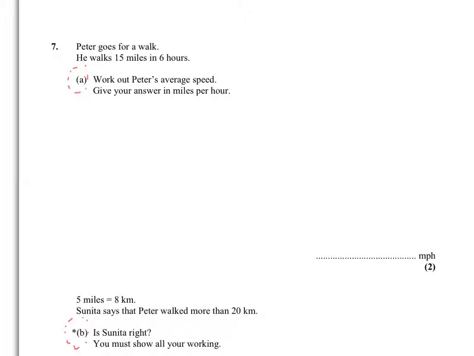Peter goes for a walk. He walks 15 miles in 6 hours. Work out Peter's average speed, giving the answer in miles per hour. Now this is a dotted line because, again, we haven't covered this in lessons this year, but some people have been having a look at it. It's something we might want to be able to do. So 15 miles in 6 hours. What we might remember is that speed is distance divided by time.